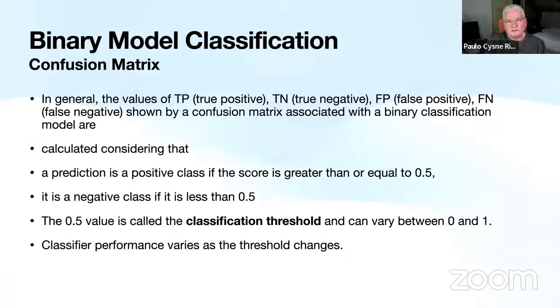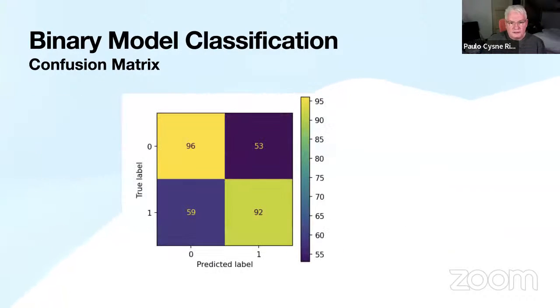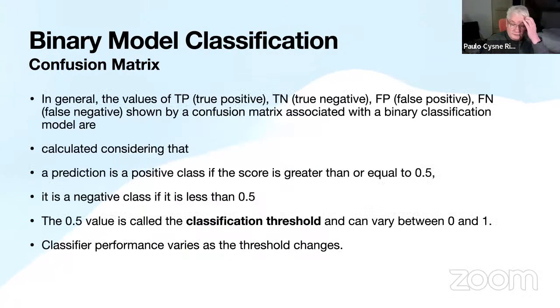And if the model says false negative, it's the same. It means that the model says that it's negative, but it's not correct because the true value is the opposite, positive.